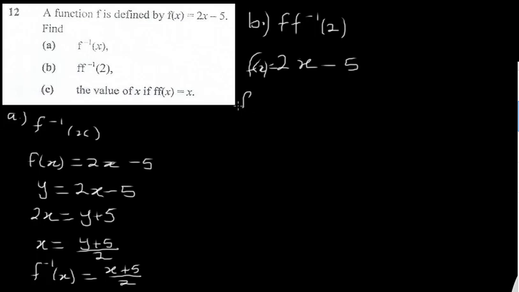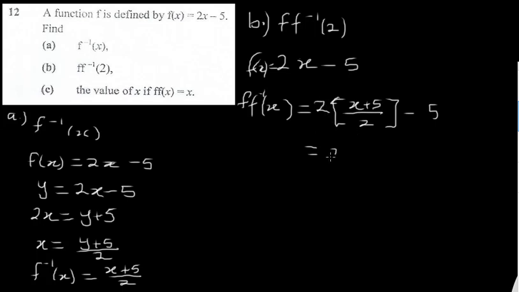So we therefore have f of f inverse of x being equal to 2, and there's an x there, so where there's x, we would have x plus 5 over 2, minus 5, right? This would then give us this 2 and that 2 would cancel, and we'd have x plus 5 minus 5, right?